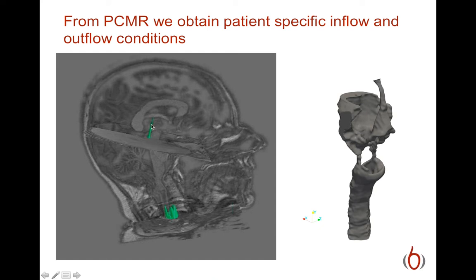I'd just like to mention that actually this flow in the aqueduct is slightly out of phase with the flow in the cervical part here. And here you see a representation of the geometry that we have computed on. So you see the aqueduct here, the cervical part here, and then you have the frontal subarachnoid space here.